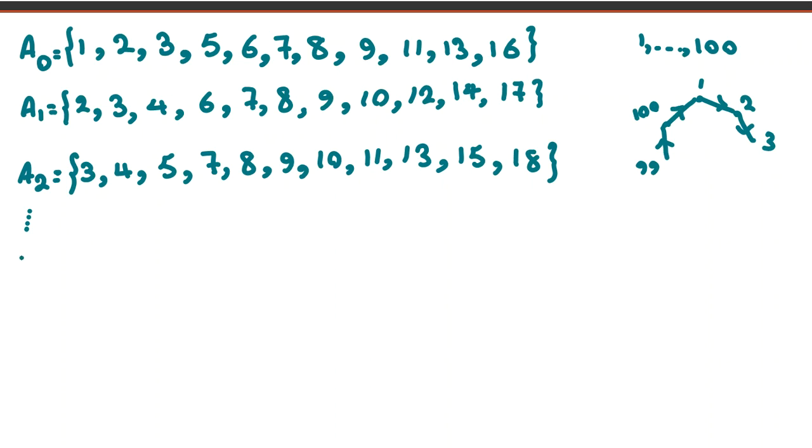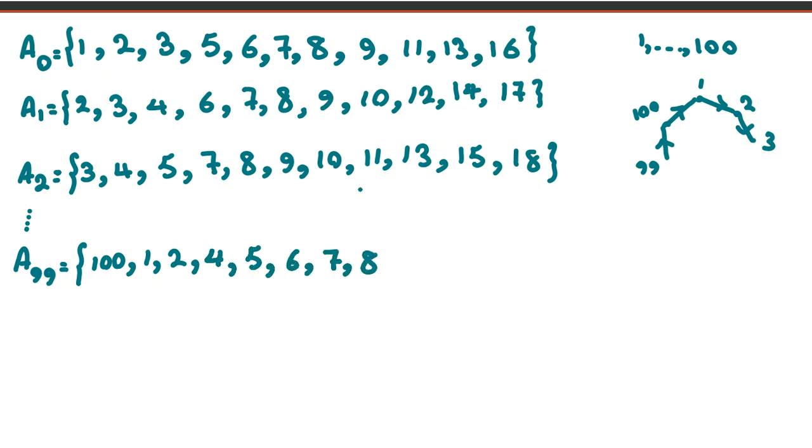For example, if you consider A99, it will be 99 plus 1, which is 100. 99 plus 2 is 101, so it will be 1. 102 is 2, then 104 is 4, then 5, 6, 7, 8. 99 plus 9 is 108, which is 8, then 10, then 12, then 15.